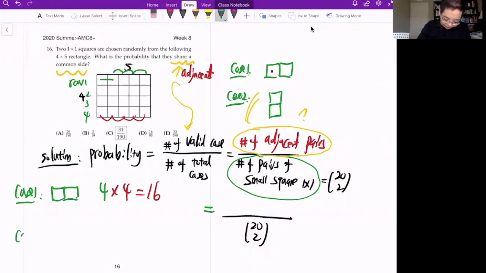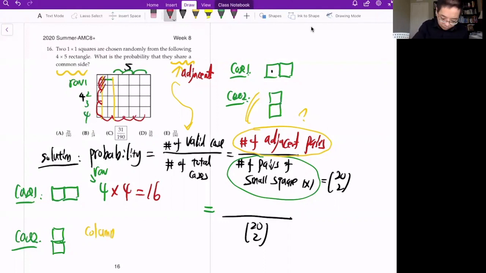Now let's look at case 2. If they're adjacent vertically, then we look at each column. So here this is each row, now we look at each column. If I do vertically, in each column we have 1, 2, and 3, so we can have 3.